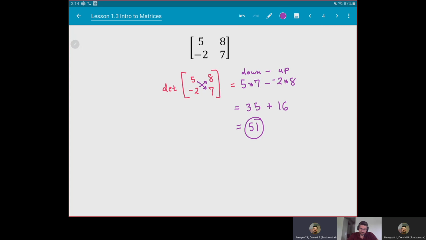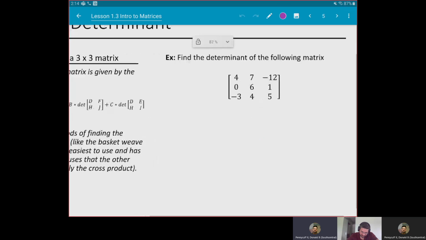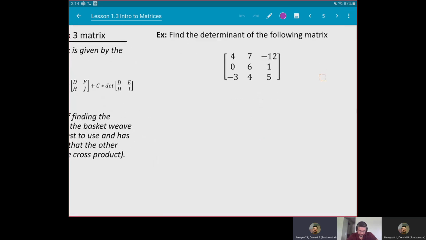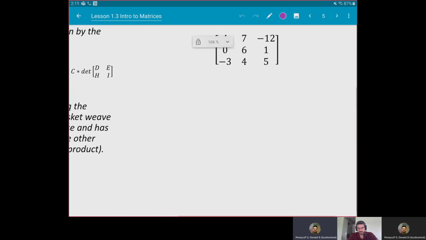Now that value, a lot of times, is a very important number. In physics, there's a lot of things that it can be equal to, and in math problems, there's a lot of things this can be used for. So that determinant is very, very useful. The majority of the time trying to deal with a matrix, that is that determinant. All right. So how do we do one of a 3x3? Now, you could use your calculator to do this, but I am going to show you how to do a lot of these by hand, and there's one reason.